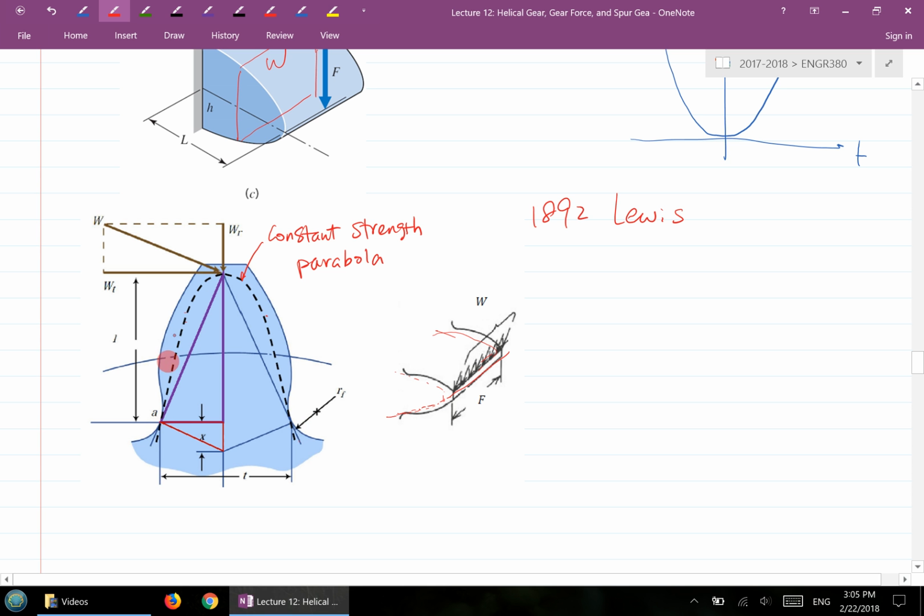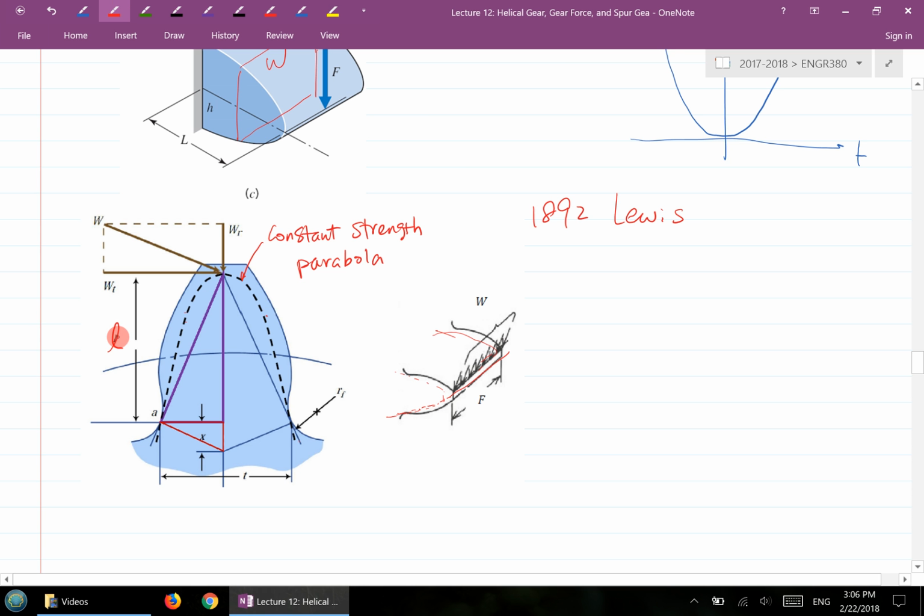So that's this black line, the nature of this parabola here. The following derivation is essentially all based on this constant strength parabola to get the so-called Lewis equation.